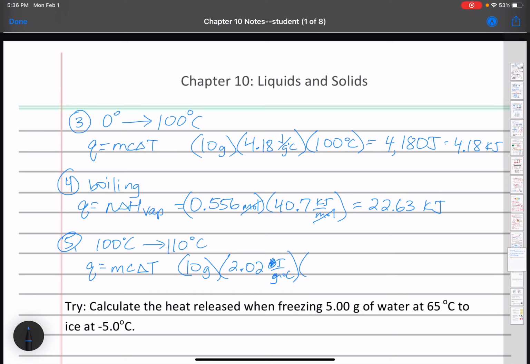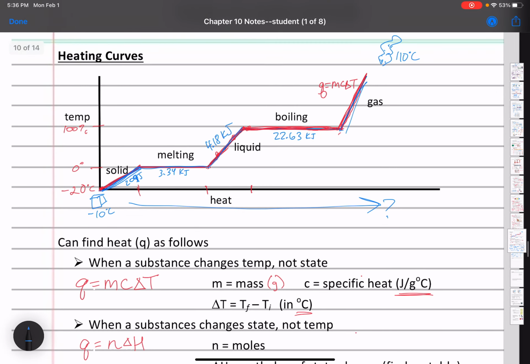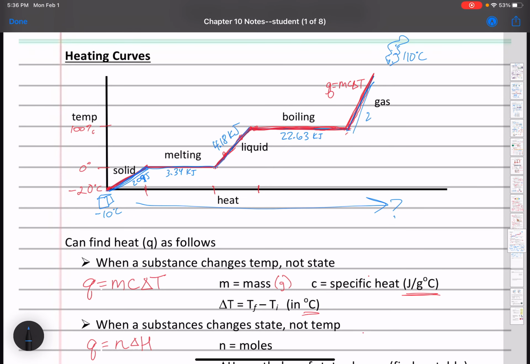And our change in temperature here is simply 10 degrees. We're going up by 10 degrees. So that's 201 joules. Okay, so 201 joules.